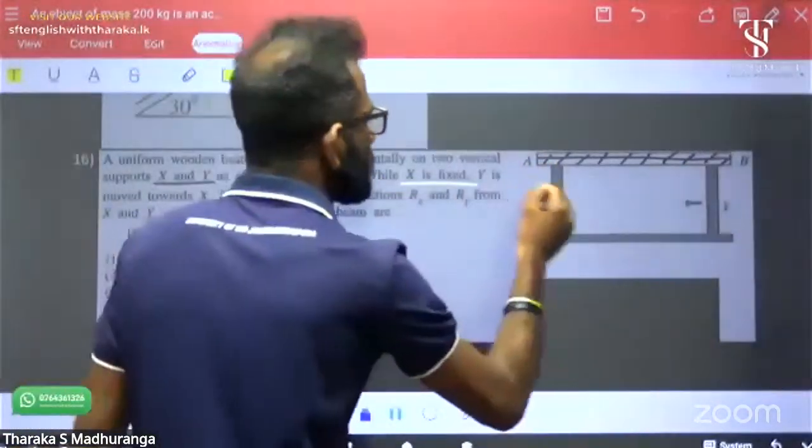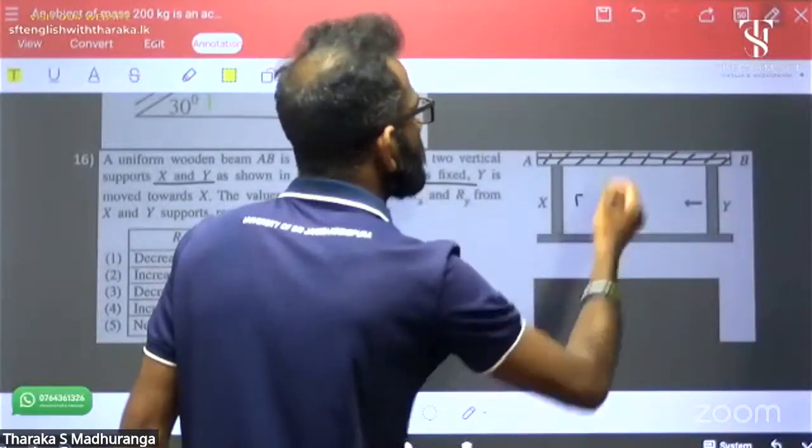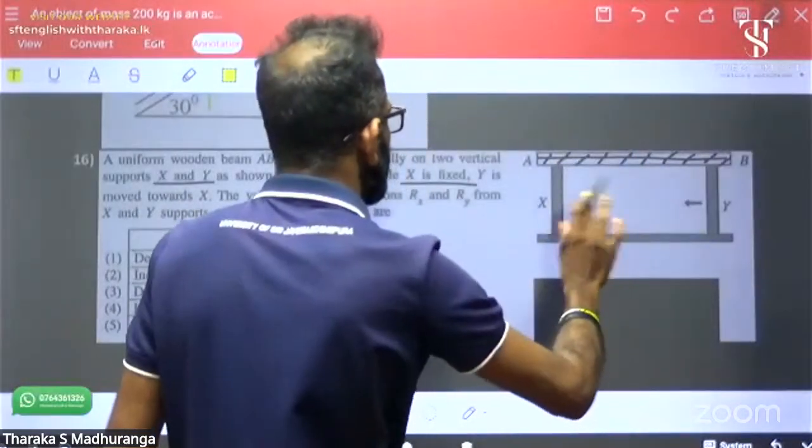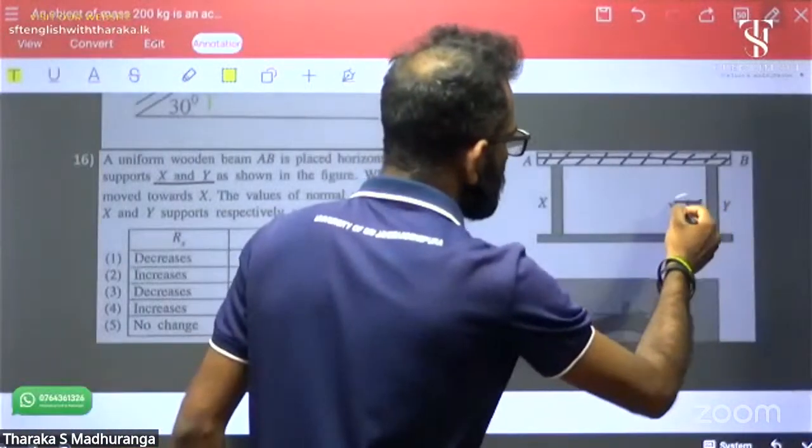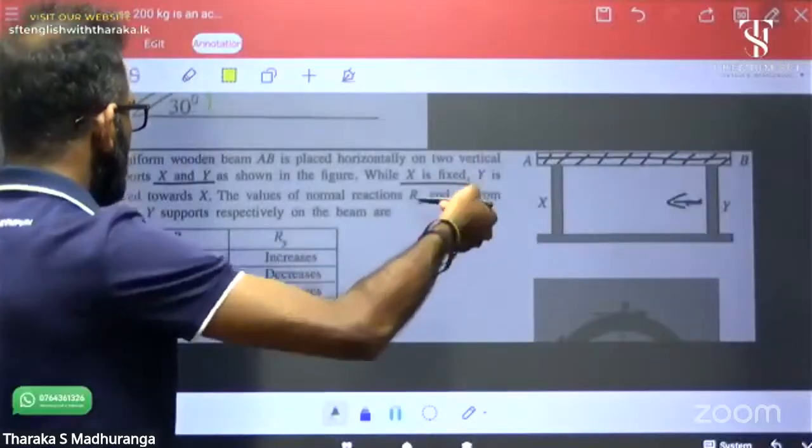X is fixed, we cannot move it anywhere. Y is moved towards X.